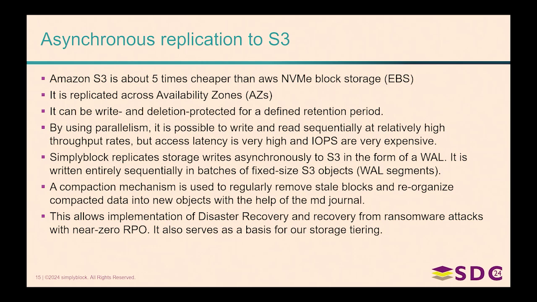So we have this mechanism of asynchronous replication that goes directly into S3. It's behind maybe 500 milliseconds, 1 second in the good case, and so the RPO is really good. It allows us, because we use very high parallelism to write data to S3, to reach also very good bandwidth there.